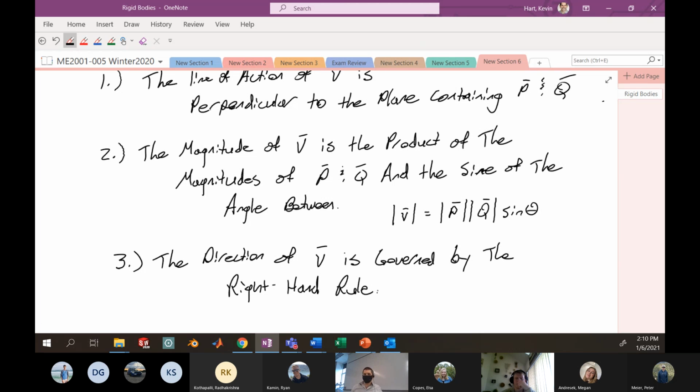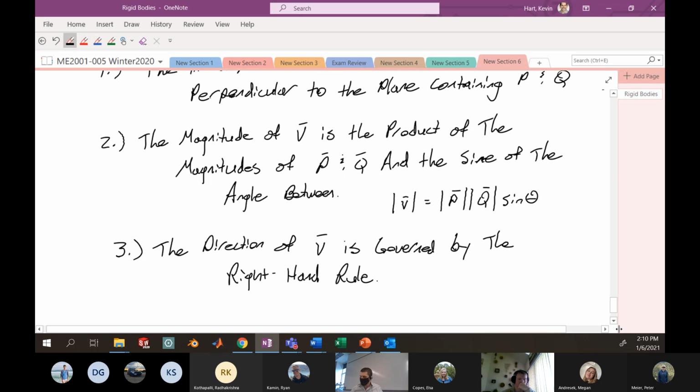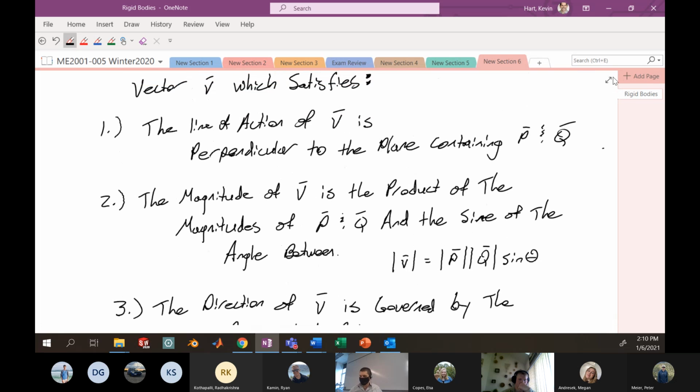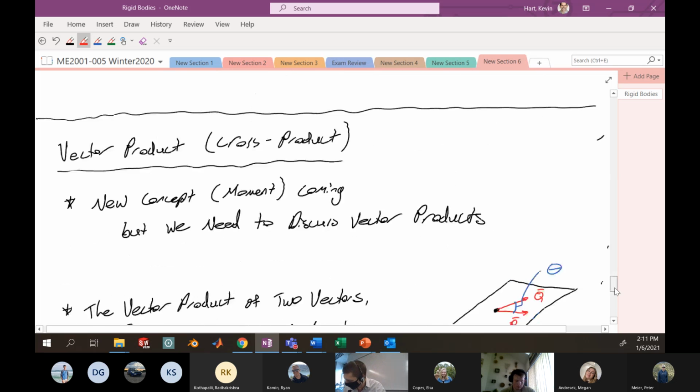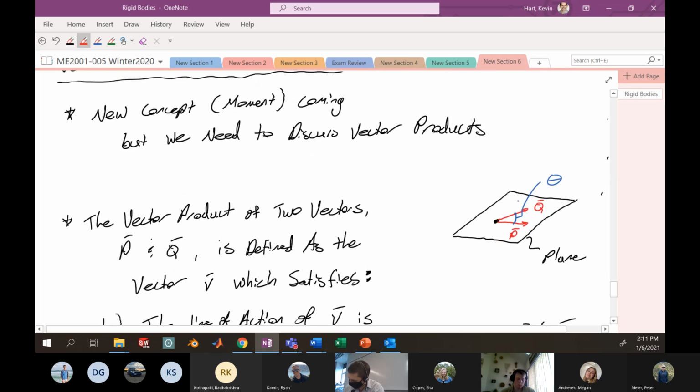All right, so let's show on this picture the actual vector product of P and Q, subject to these rules. The line of action of this vector V is perpendicular to the plane containing P and Q. So I've either got to come off the plane this way or come off the plane this way. That's my only option for the resulting vector product.